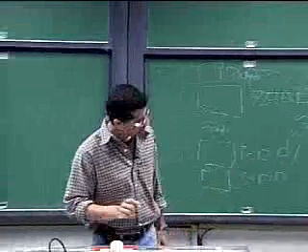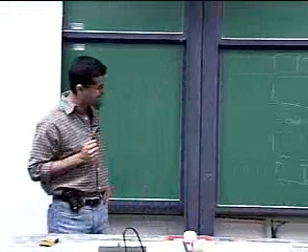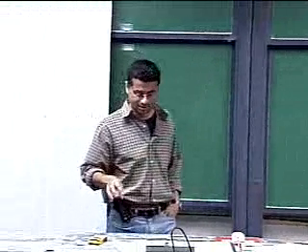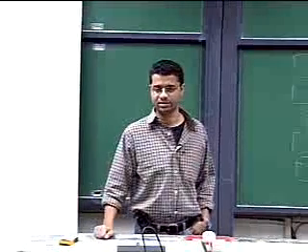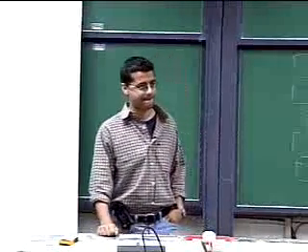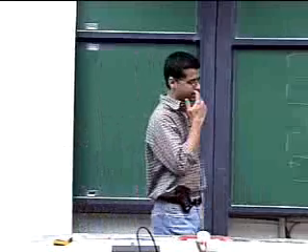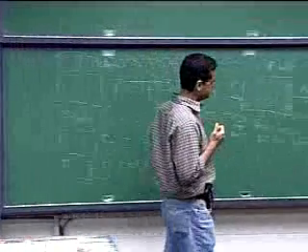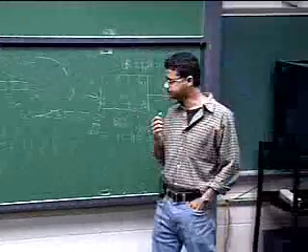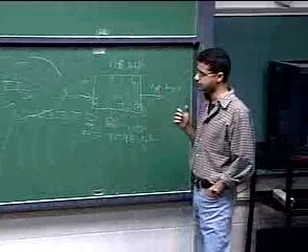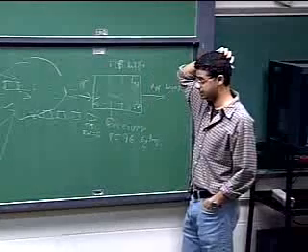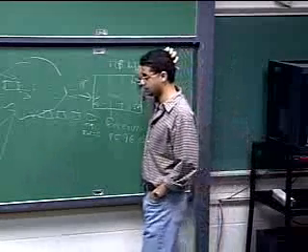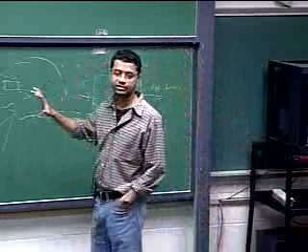Now, flow control in TCP is a much simpler problem than congestion control. Why is that? Think of what is the purpose of flow control?